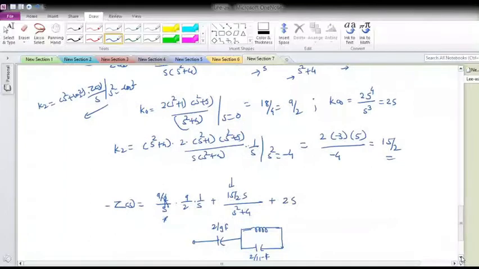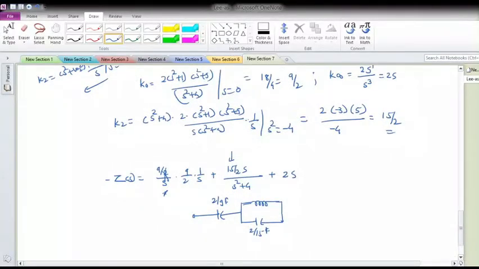And K2 is 15 by 2 upon 4, so it will be 15 by 8 Henry, because inductor value will be K2 upon omega 2 square. So K2 is 15 by 2 into omega 2 square is 4, so this will be 15 by 8.